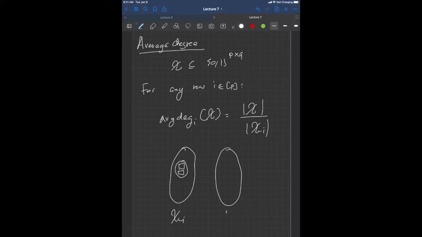And on the right hand side you have all the matrices of the set X projected only onto the ith row. So these are just one rows. Conceptually, this is the ith row, and this is everything but the ith row.